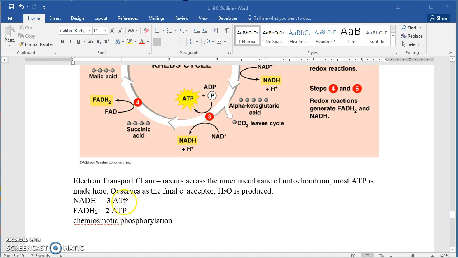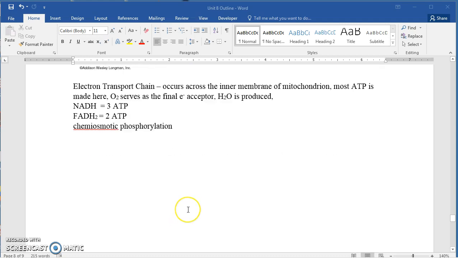Since these ATPs are not being produced from the direct breakdown of the original substrate, but because of the flow of electrons, and hence hydrogens, across the inner membrane of the mitochondrion, it's a chemiosmotic process, and therefore it's called chemiosmotic phosphorylation. Anytime you see this expression, chemiosmotic phosphorylation, link it to a membrane. It's occurring across a membrane.